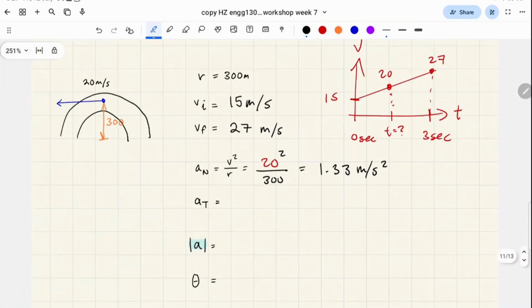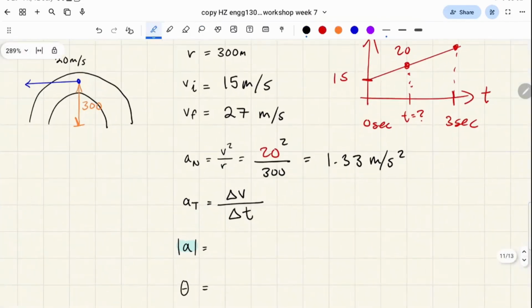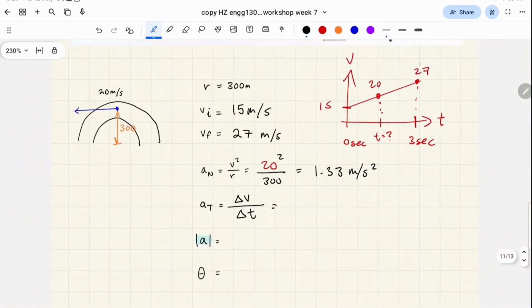And then for our tangential component, remember, if we're talking about a linear acceleration, it's change in v over change in t. We need 2 points when we do delta v. So we take these 2 points here, because we don't know this time, it would be an unknown amount of time. We can calculate it, but it's annoying.